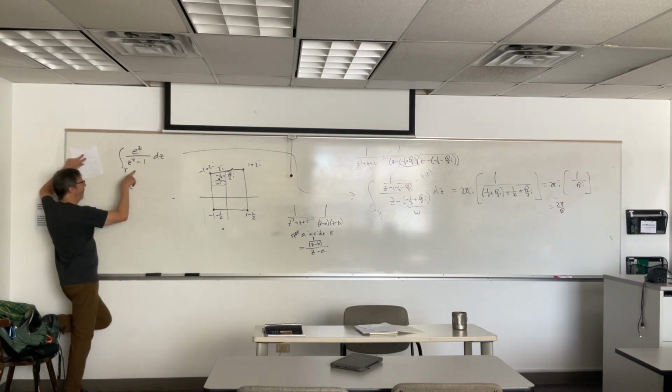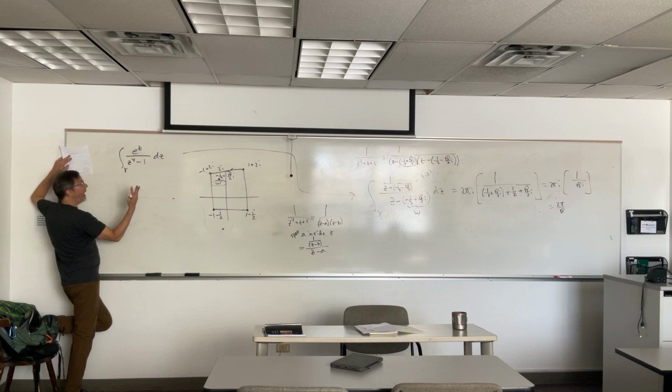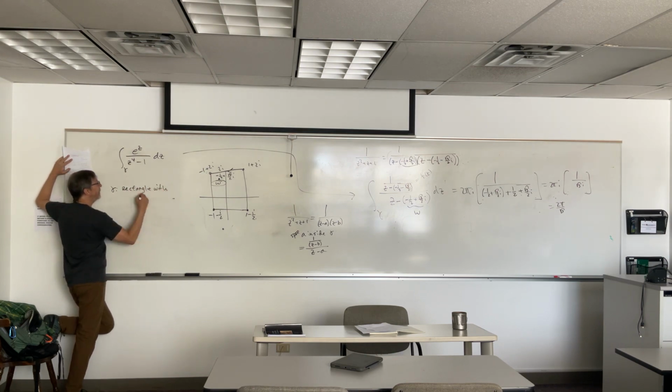Clearly some factoring can happen in the bottom. So now the big question is, which of the 4 possible zeros are going to be inside the curve? So let's let gamma be the counterclockwise rectangle with these corners.